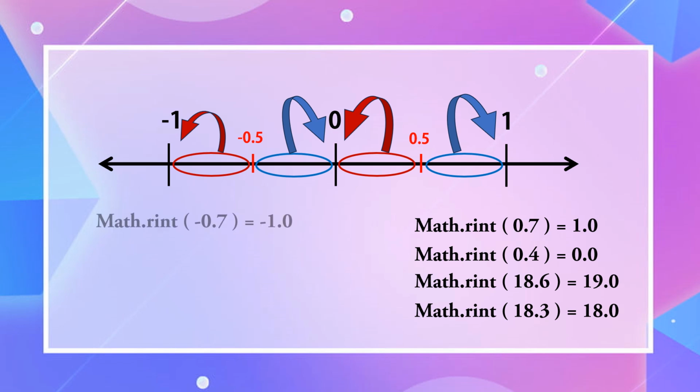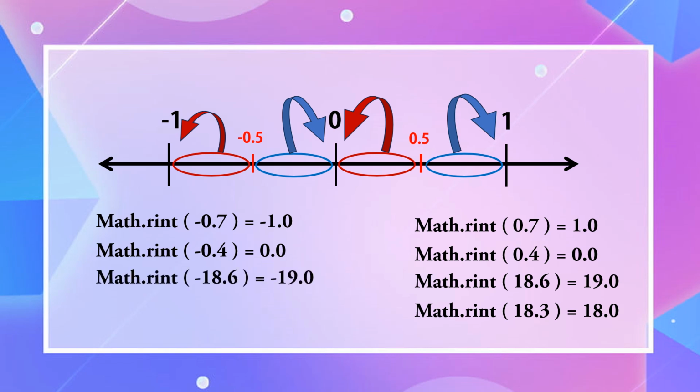That means minus 0.7 will become minus 1.0, minus 0.4 will become 0.0, minus 18.6 will go down to minus 19.0, and minus 18.3 will move up to minus 18.0.